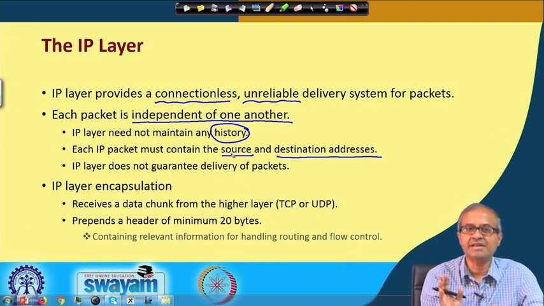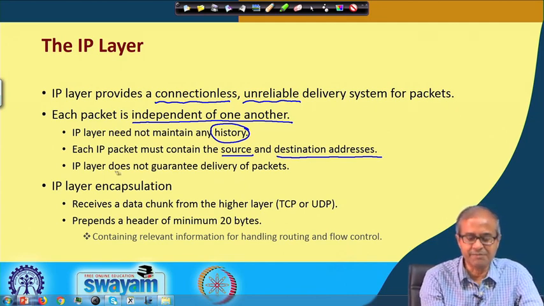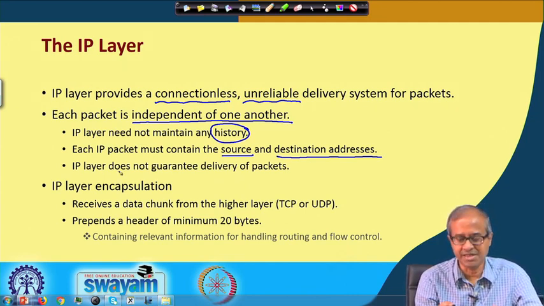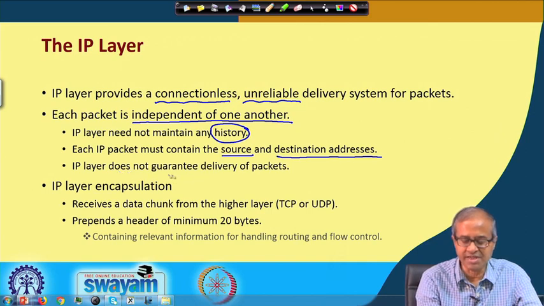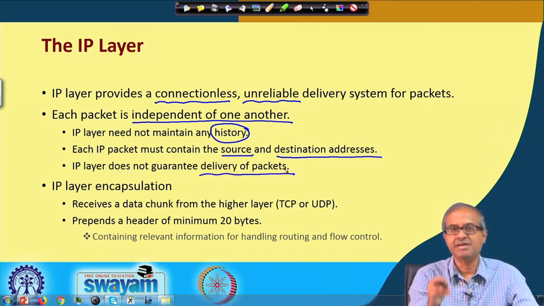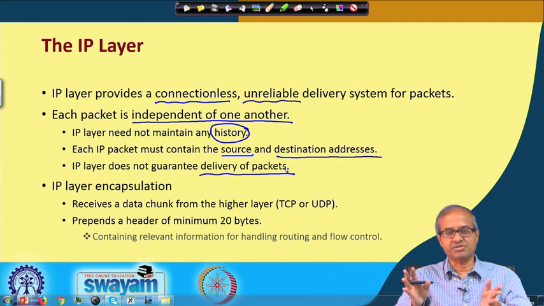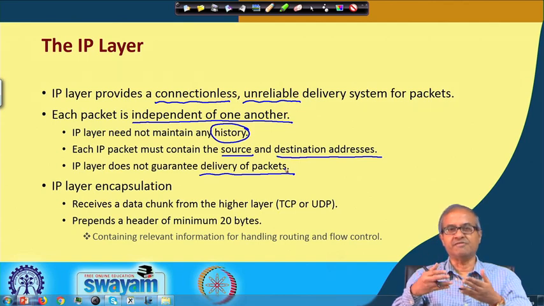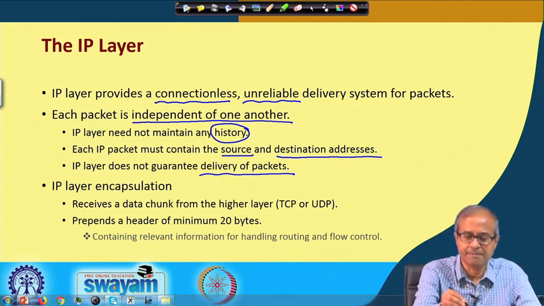And just like datagram service, the IP layer does not ensure reliability and it also does not guarantee delivery of packets. Some packets might get lost. In addition, I told you duplicates might get generated, packets may also get delivered out of order. So, all these things can happen.